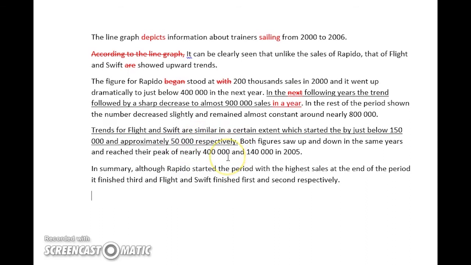Both figures saw up and down in the same years and reached a peak of nearly 400,000 and 140,000 in 2005. Both figures saw up and down, maybe went up and down the same years and reached a peak of nearly 400 and 100 in 2000.